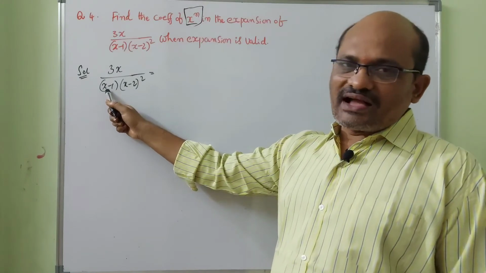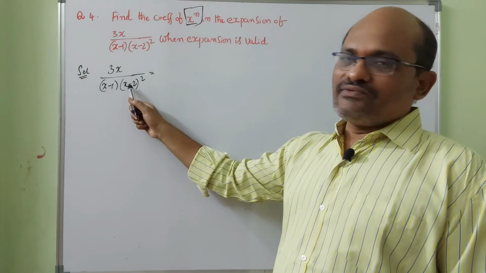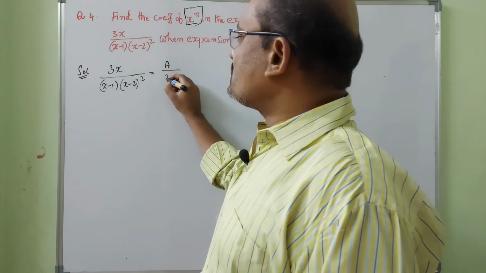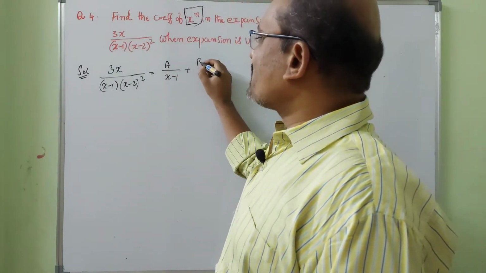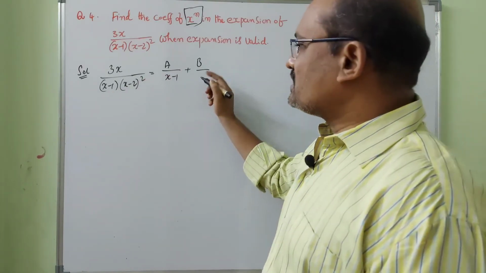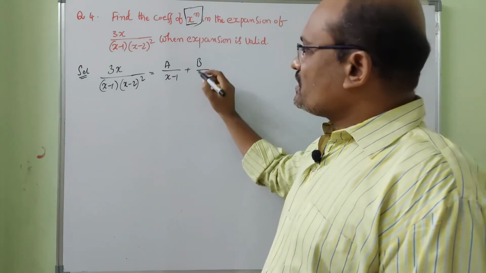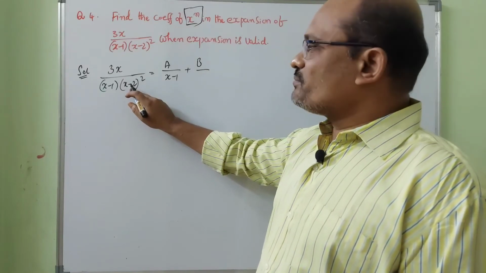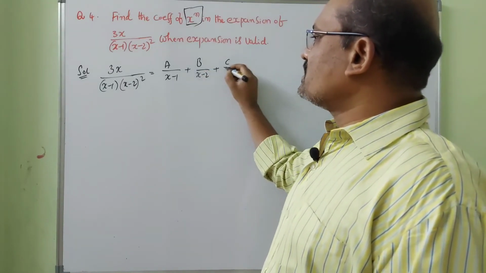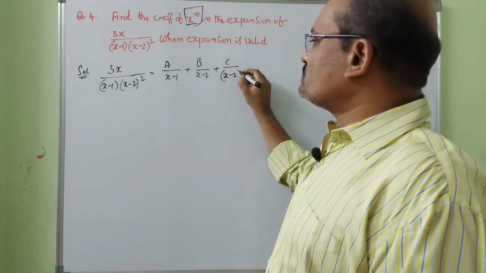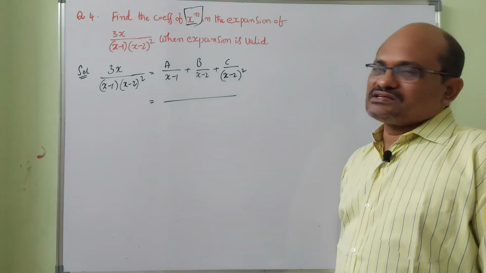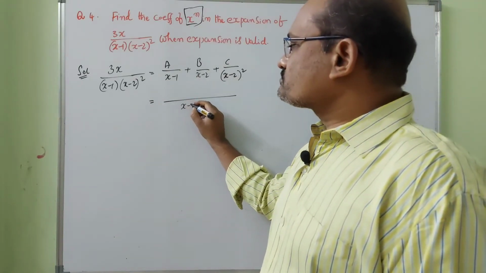This is a first degree factor. This is also first degree, which is repeating 2 times. For first degree factors, take a constant and write the partial fractions: A by x minus 1. For repeating, that is type 2, the corresponding partial fractions are B by x minus 2 plus C by (x minus 2) whole square. These are the 3 partial fractions. Now take LCM.